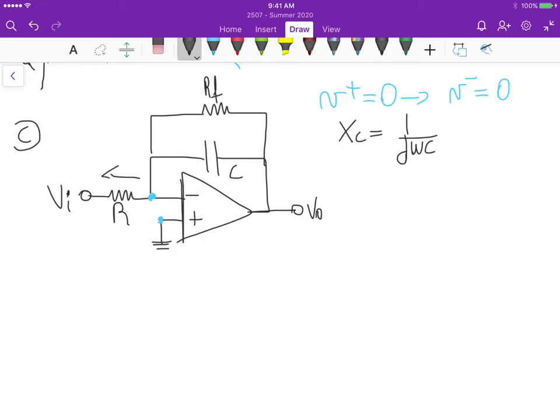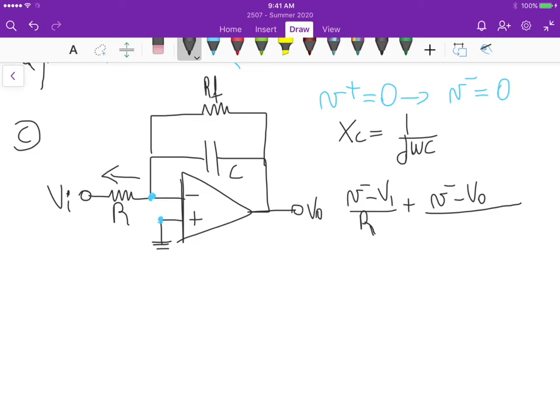So the current that we have flowing here is just V minus VI divided by R, plus V minus V out divided by the parallel between the resistor and the capacitive reactance.